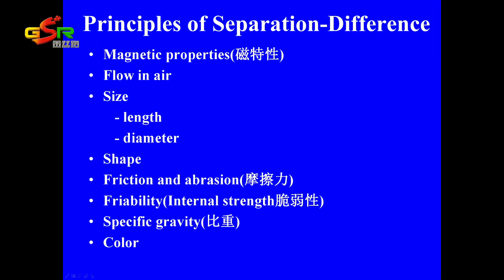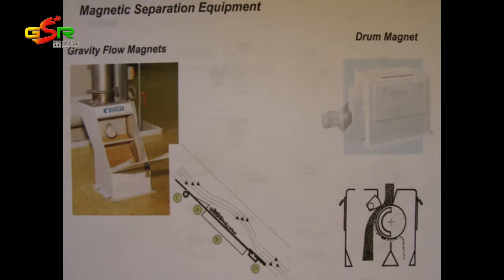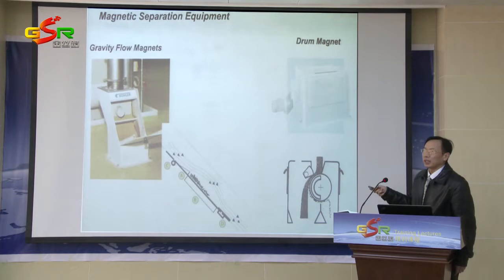We can, according to the cereal difference, remove the foreign material. For example, magnetic separator equipment can be used to remove foreign metal from the cleaning processing.